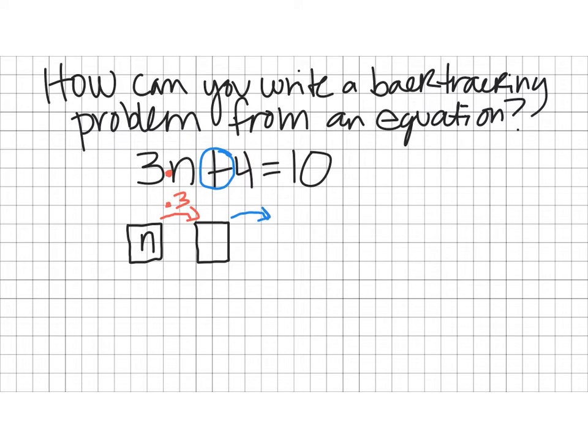So let's write plus 4 as our next step. And then we know that that is supposed to equal 10. Like that. Let's see if we can solve it now. Go ahead and pause and do it.